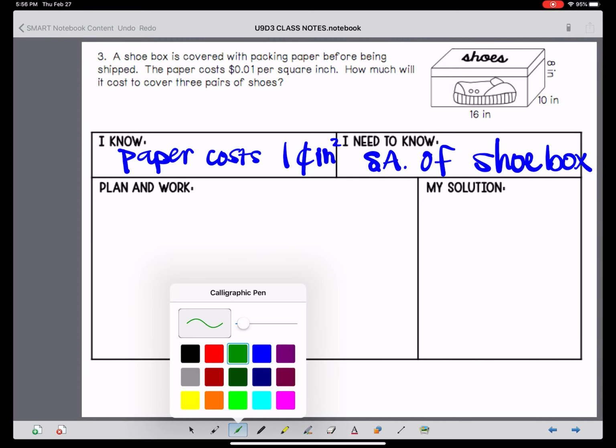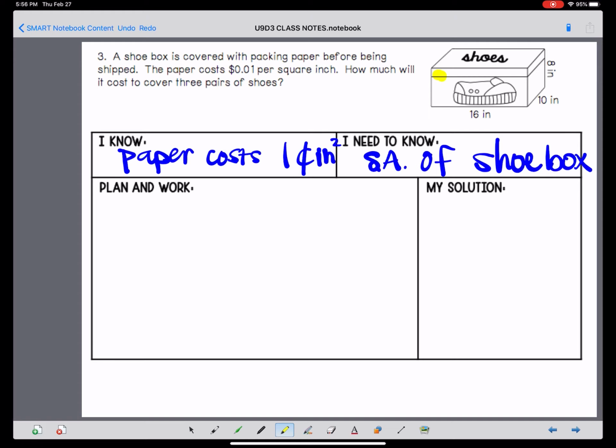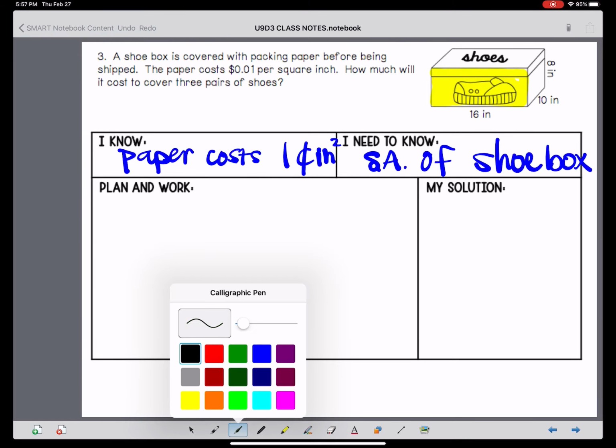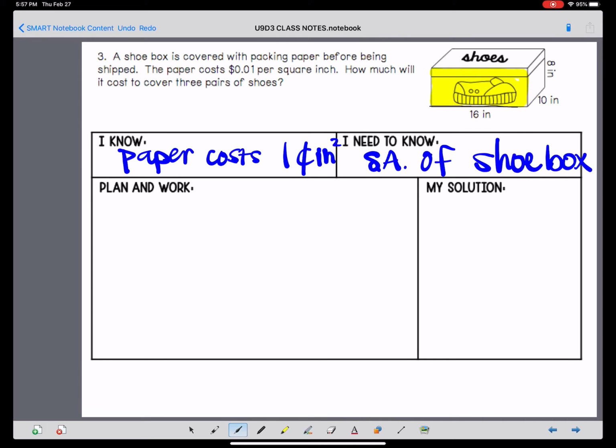The very first thing is I need to pick a side of my shoebox and find the surface area. Here we go. Now, it looks like our base is going to be 16, and our height is going to be 8. Why am I doing 16 times 8? Well, because the area of a rectangle is equal to the base times the height.